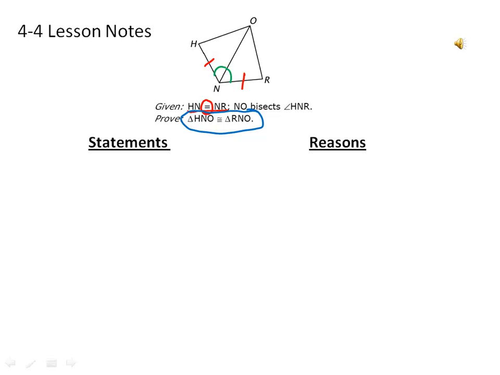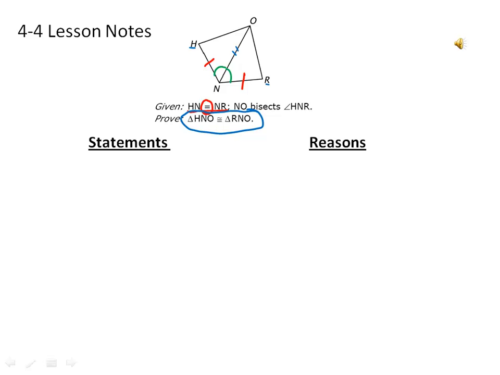To get ASA, I'd have to get that angle H equals angle R. Now I don't see any information that tells me that. To get SAS, I'd have to get that side NO equals side NO. Does that? Yeah, it does. So it looks like this is how we're going to show that the triangles are congruent to each other. It looks like we have side, angle, side possible.